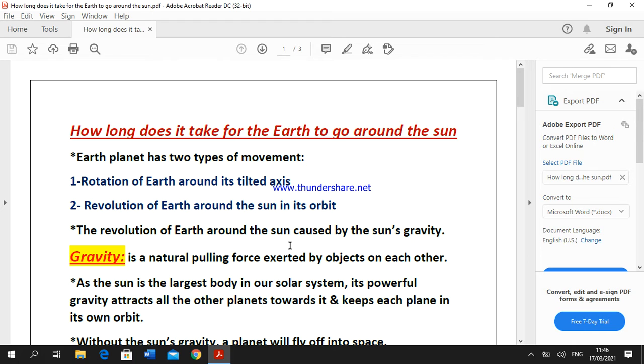The gravity is determined by the mass of the object, where if the mass of the object increases, its gravitational force increases.